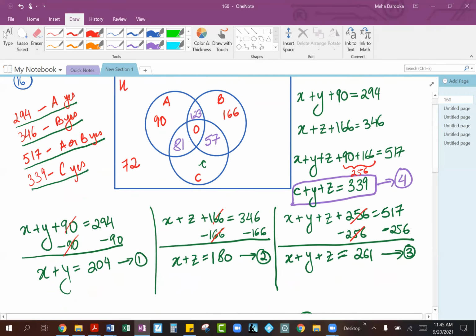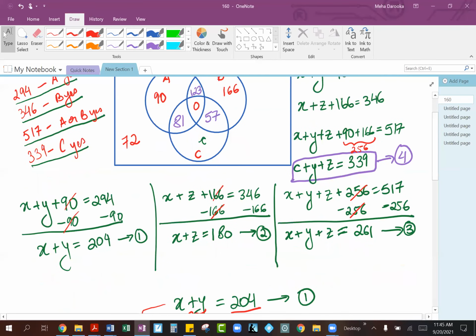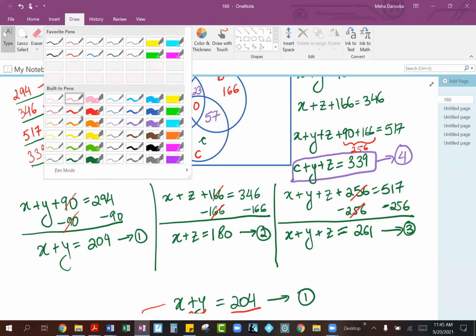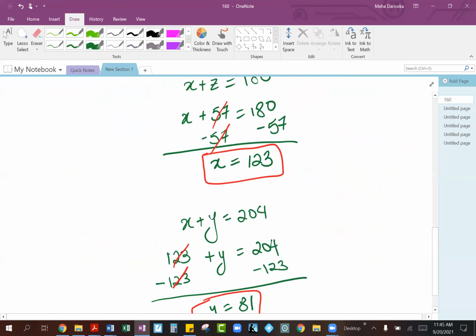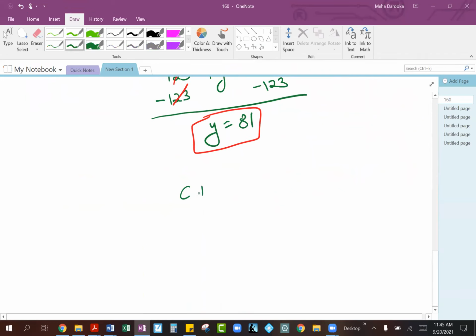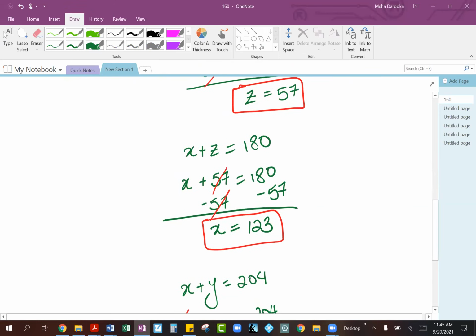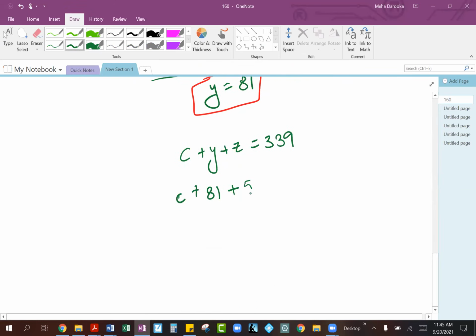So we have to use equation 4 for that. So that's c, y, and z is 339. Our y value is 81. z, I think, was 57. There we go, 57 for z. So go ahead, do the calculation and let me see what you guys are getting for the c value.